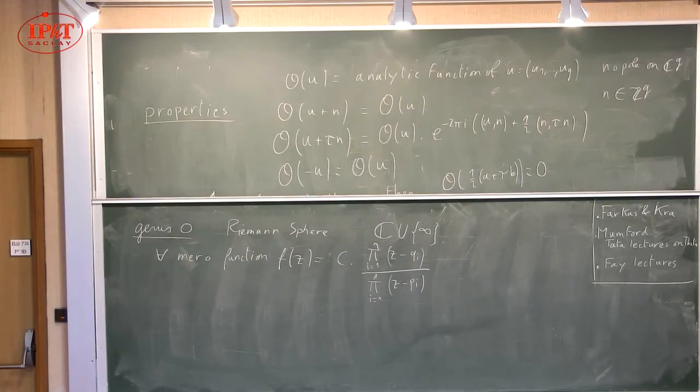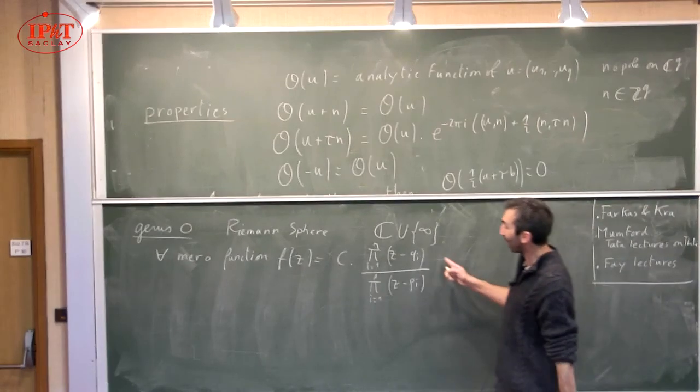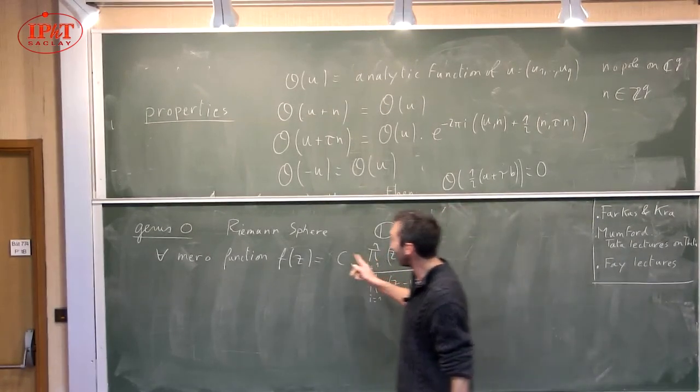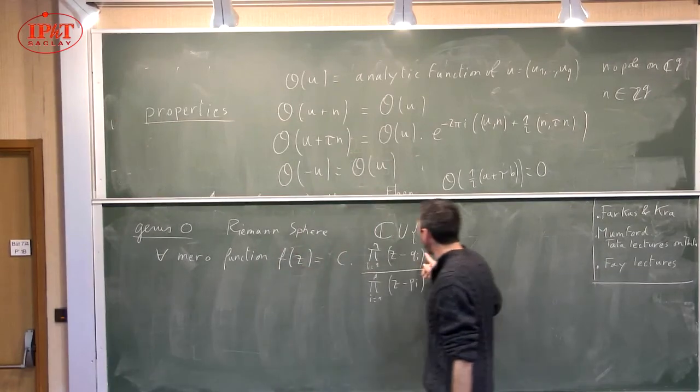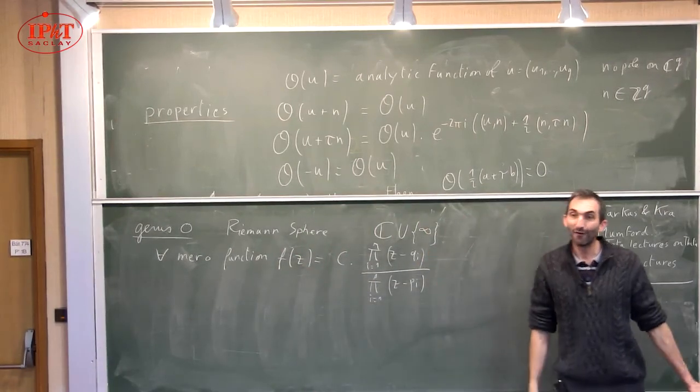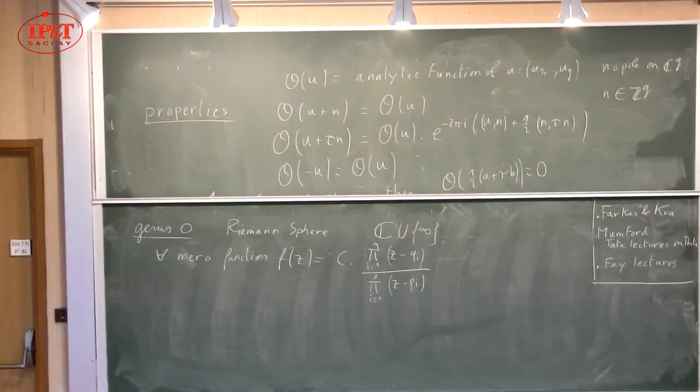Basically the idea is that a rational function, a meromorphic function, is a quotient of products of monomials. Why do you forbid multiple zeros or poles? I don't forbid them; I just say that they are distinct.